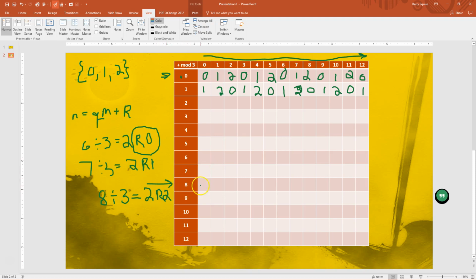So 8 plus 0 is the same as 2 mod 3. 8 plus 1 is 9. 9 divided by 3 gives me a remainder of 0. 8 plus 2 is 10. 10 divided by 3 is 3 with a remainder of 1. So we can see how this pattern is going to go here.